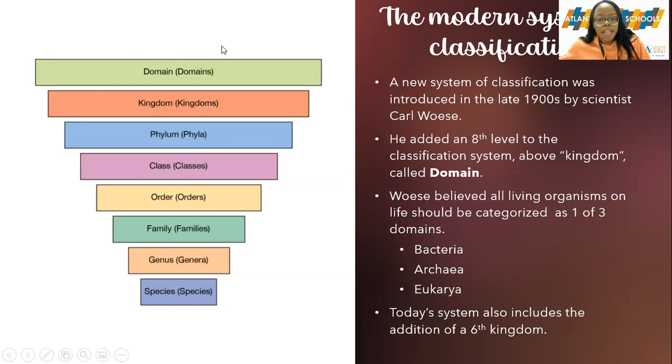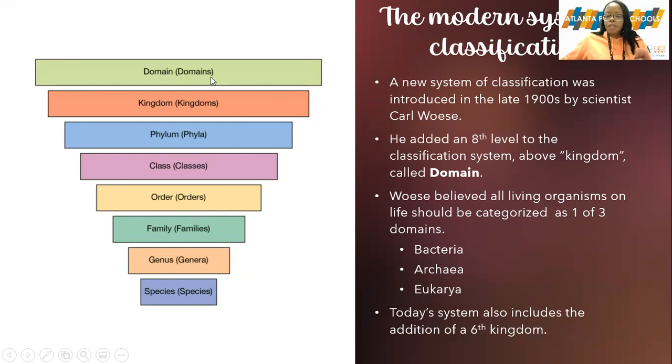And so domains, kind of similar to kingdom, how kingdom has 5 components to it. Woese believed that underneath the domain, there were 3 categories that organisms could be grouped into. And those 3 categories were bacteria, archaea, and eukarya.